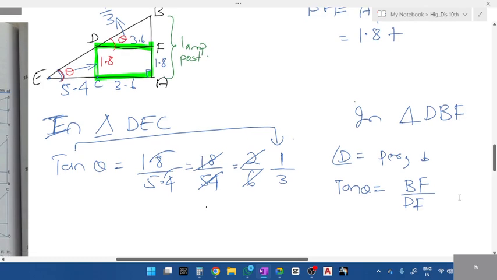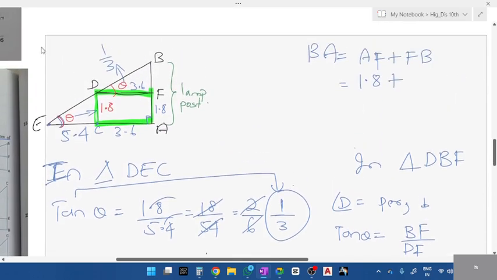What is the tan theta value? We found tan theta is 1 by 3, equals BF, as it is, and DF is 3.6. So what's the answer you get? BF is equal to 3.6 divided by 3. Is it clear? Did you all understand?